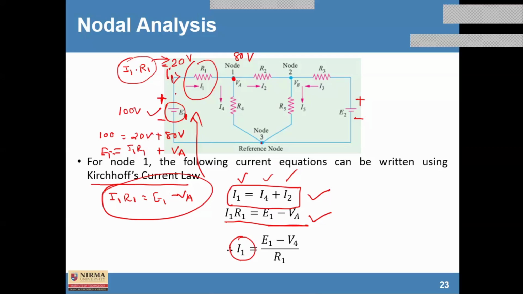I1 is nothing but, because of the difference between 100 volt, so this is A, sorry, this is A. E1 minus VA upon R. V by R is nothing but your current. Fine. So similarly, we can apply Ohm's law also, and we can find the current I1. So the value of current I1 can be calculated here. Now let us go for I4.